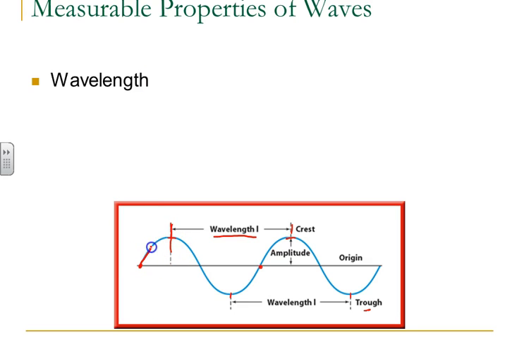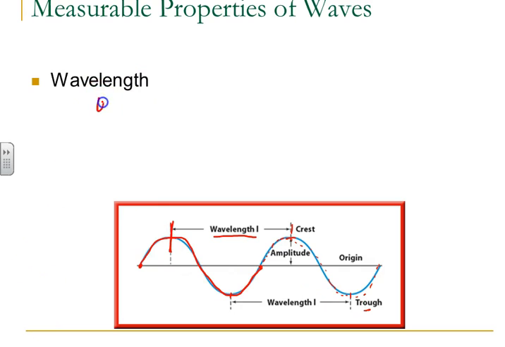This represents one wave, and this represents a second wave. So we're measuring from the first crest on the first wave to the first crest on the second wave, or from the trough on the first wave to the trough on the second wave.